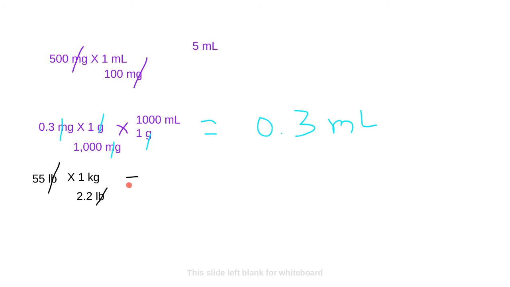It means that my patient's weight in kilograms is going to be 55 over 2.2, and my patient weighs 25 kilograms. This is a very real weight for me. I am a pediatric nurse, and so I'm used to seeing these small numbers.